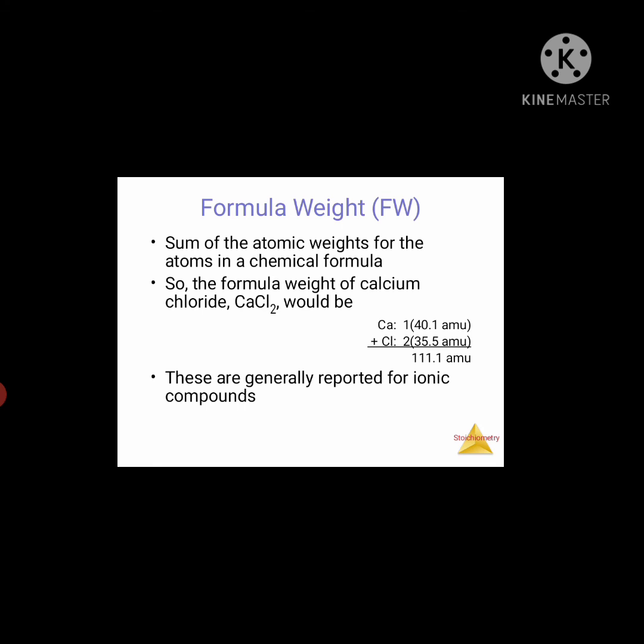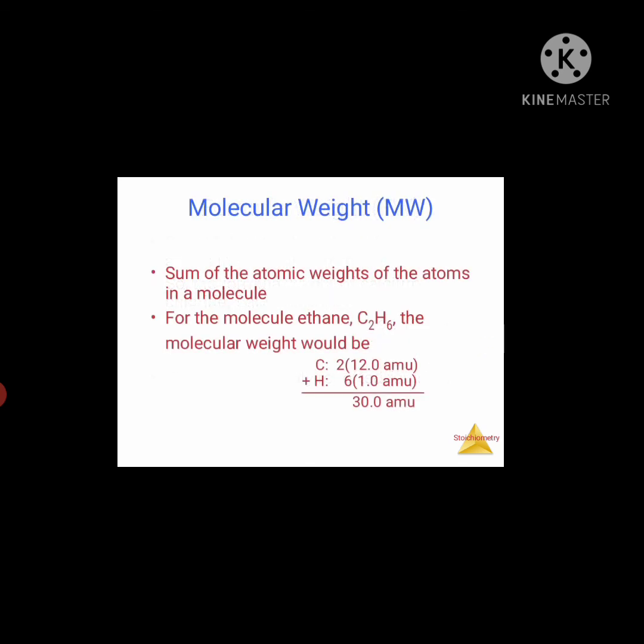And for chlorine, if you have CaCl2, note there that you have a subscript. So it's 2 times 35.5. So you sum it up, so you have 111.1 atomic mass units. These are generally reported for ionic compounds.